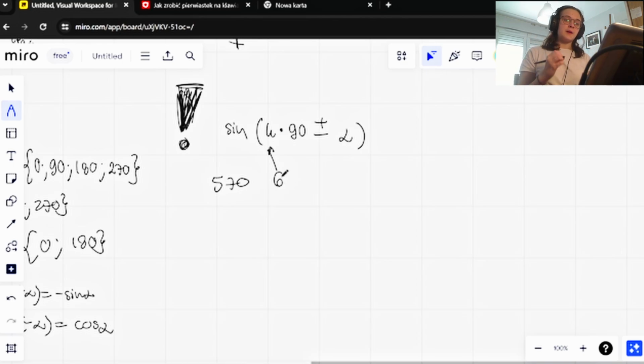And this number is important because it tells us if we change functions to cofunction, which is sinus and cosinus, tangens and cotangens. So basically this is 540, and we do not have any more 90s in our number.